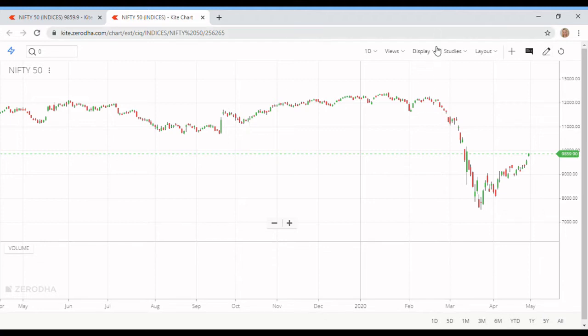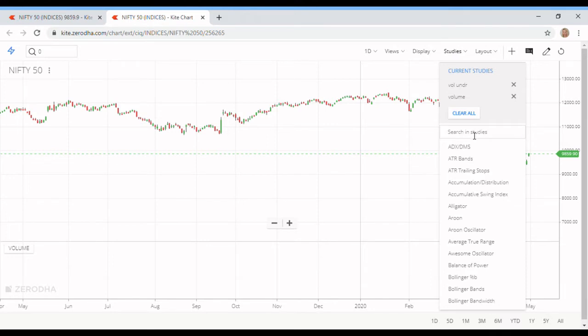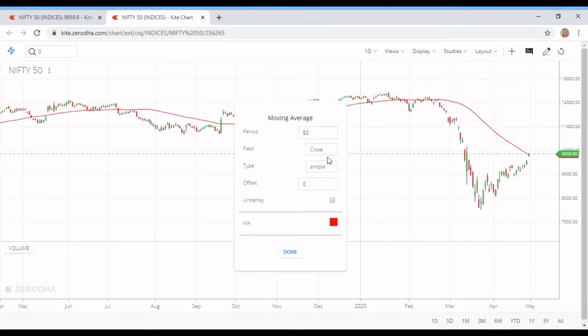So here we have moving averages. You can see this is the period. The most commonly used period is 50, and here you can see the type. The type is simple, which means the simple moving average. The simple moving average will calculate, if the period is 50, the last 50 days of closing prices and divide it by 50.